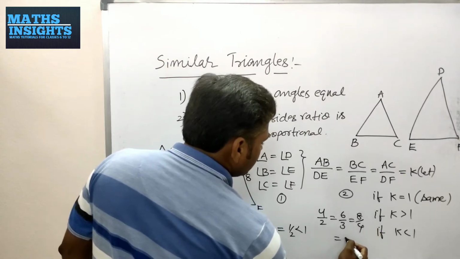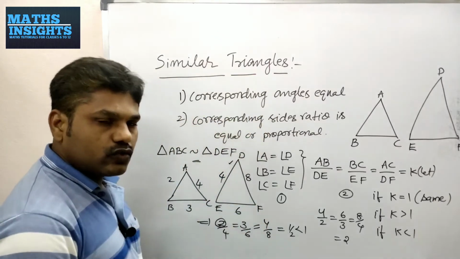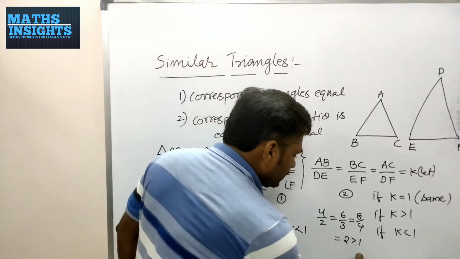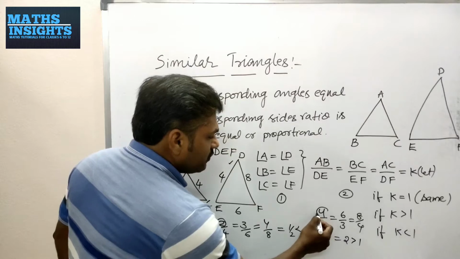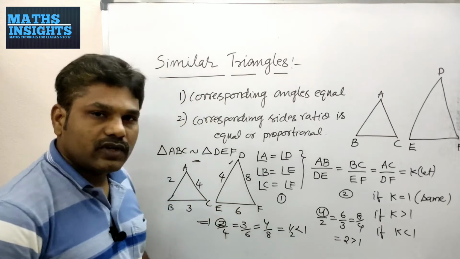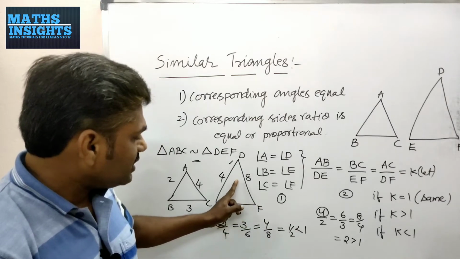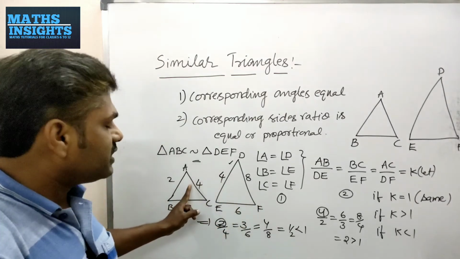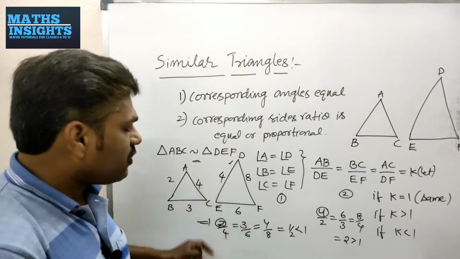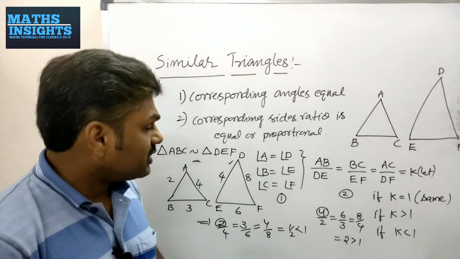In all these cases, we will get the value 2, which is greater than 1. That means you have taken the values of this triangle first in the numerator. Therefore, you have to say that this triangle is larger than this triangle, but they have the same shape but not the same size.